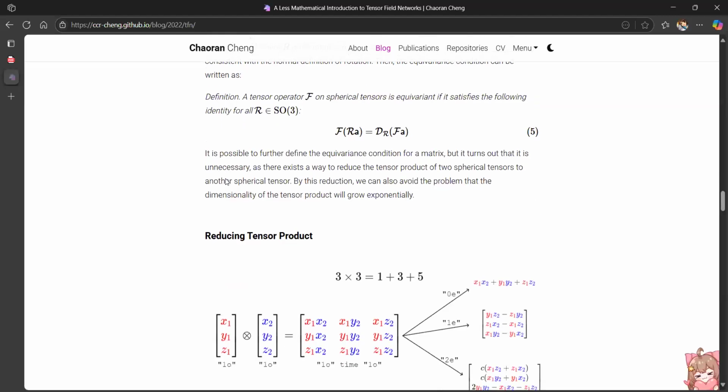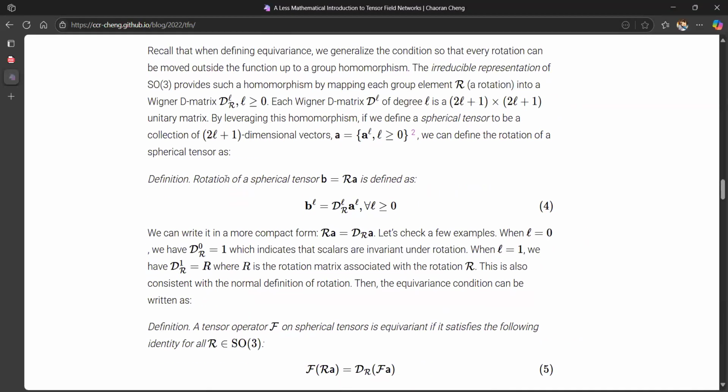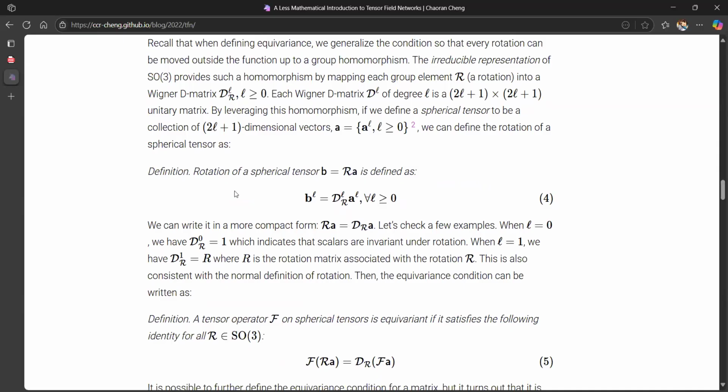Yeah, so with Wigner matrices, again, that's a representation of your group action. So going back, if you talk about spherical rotations, then you can use your Wigner matrix of power 1, and that's going to be your rotation matrix.